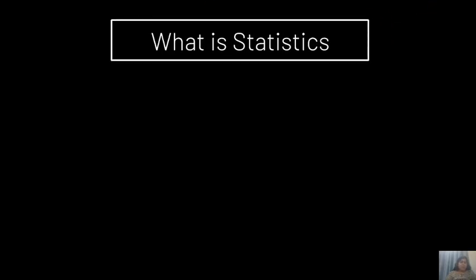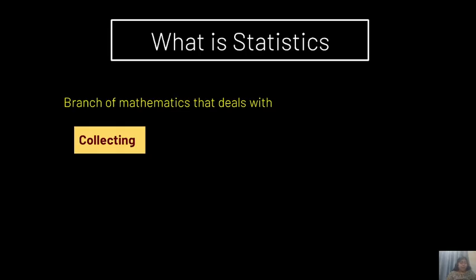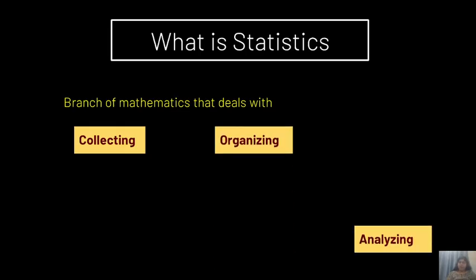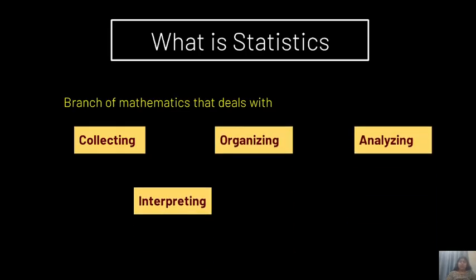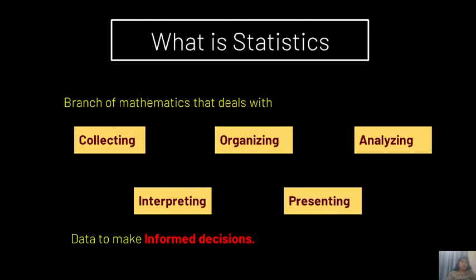If we look at the formal definition of statistics, it says: branch of mathematics that deals with collecting, organizing, analyzing, interpreting, and presenting data to make informed decisions. The end goal of statistics is to make informed decisions. What are informed decisions?